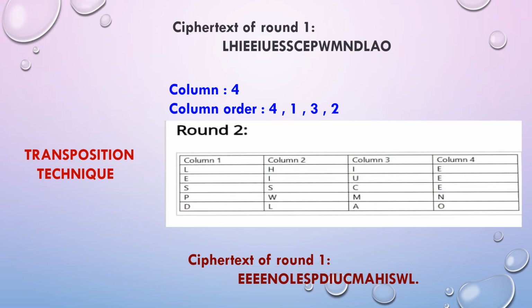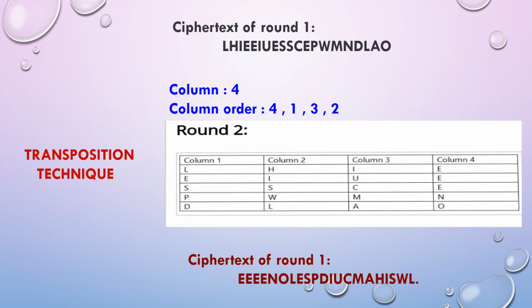The second column contains HISWL. The third column contains IUCMA. The fourth column contains EENO.